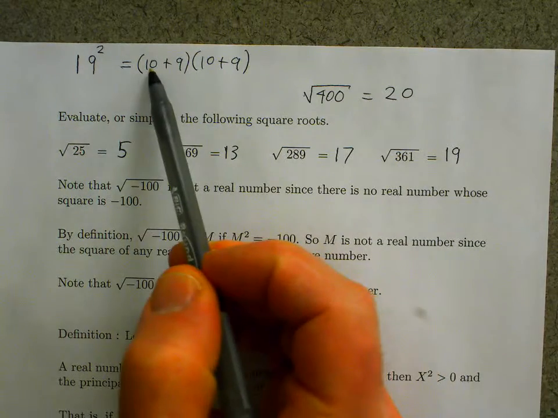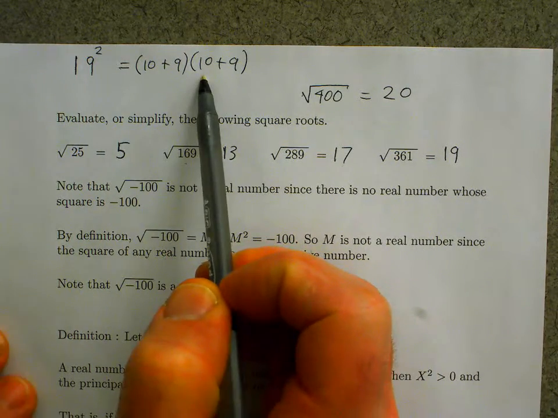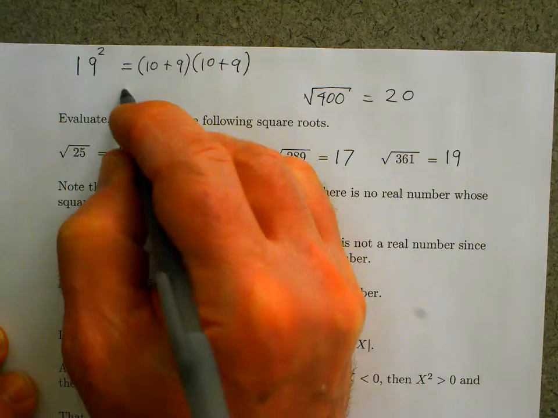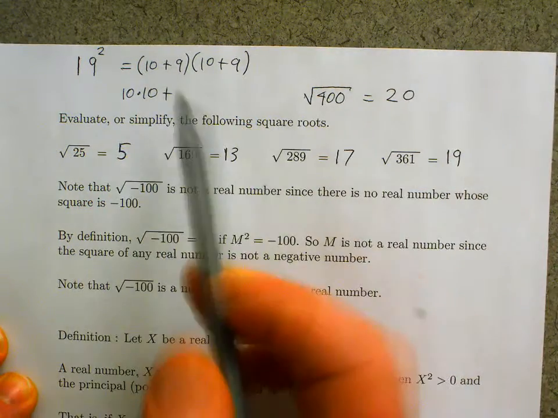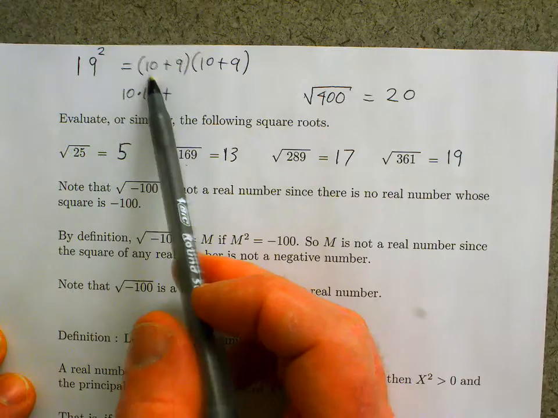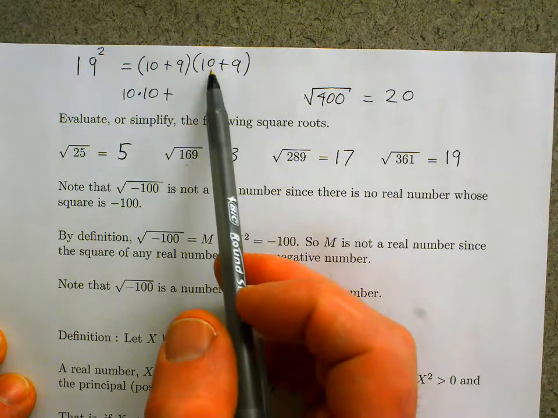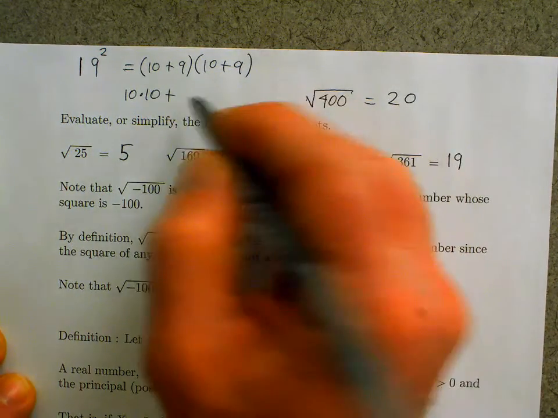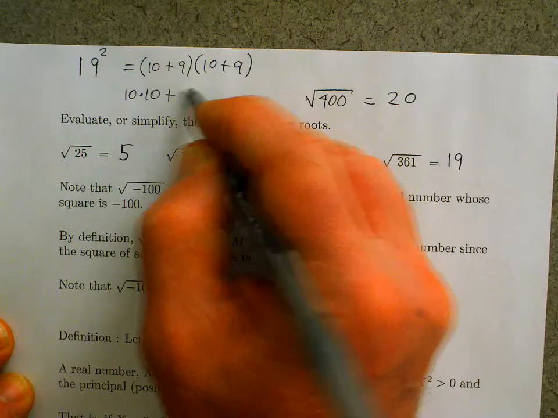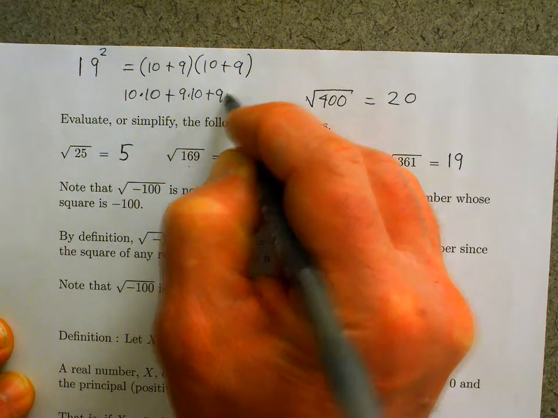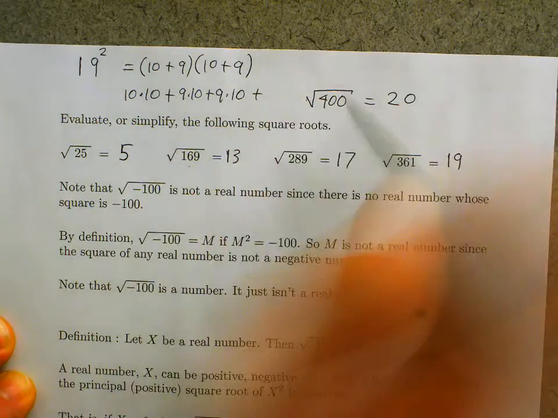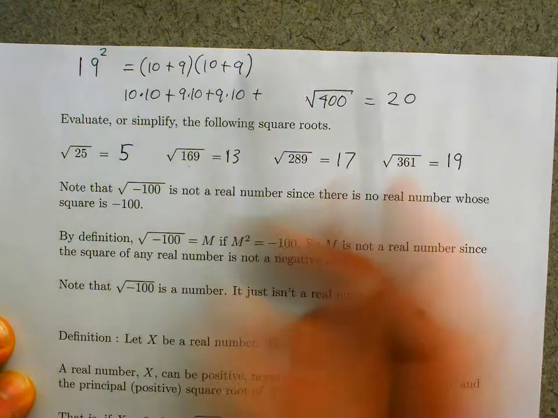First, I multiply 10 times 10, which is 100. And then I'm going to add 10 times 9 twice. So plus 9 times 10 plus 9 times 10.